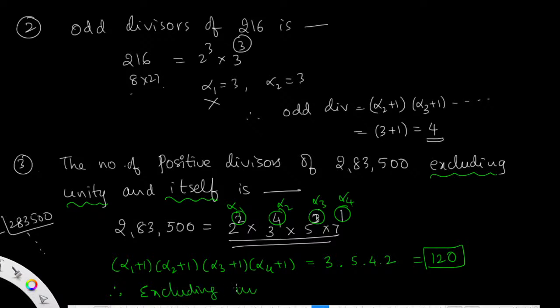Total number of divisors excluding unity and itself: unity means 1, and the number itself is another one, so 120 minus 2, that is 118. In the same way, the number of divisors.